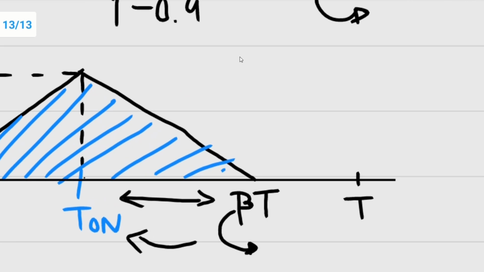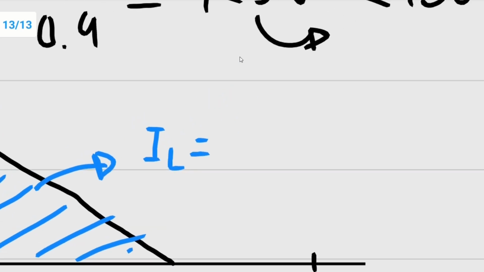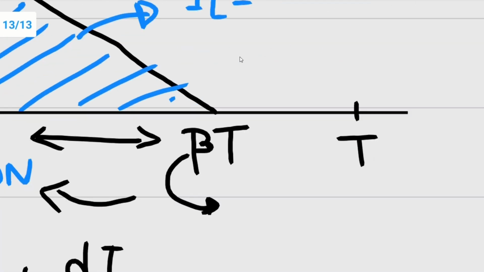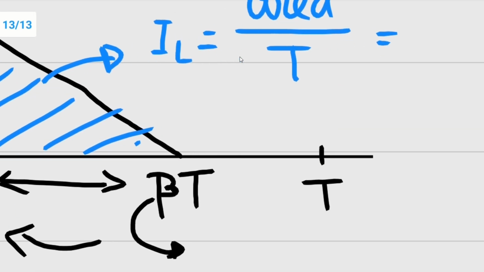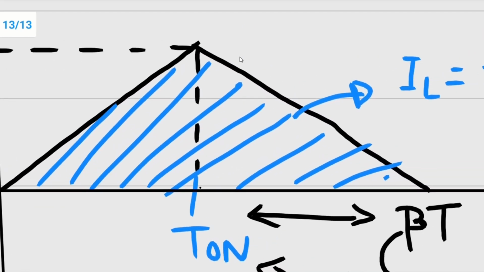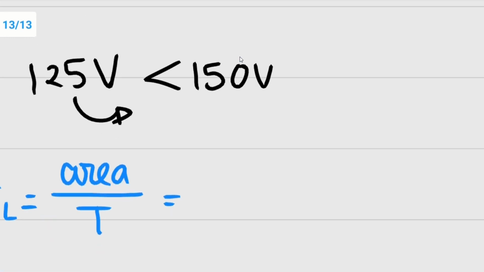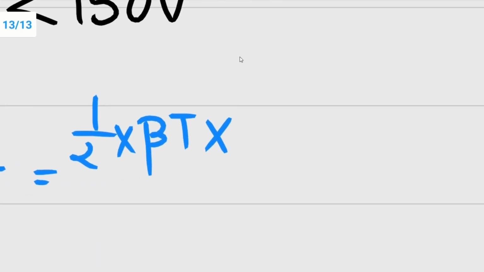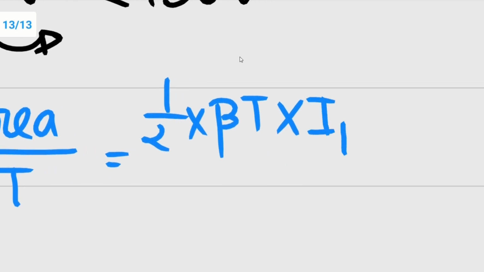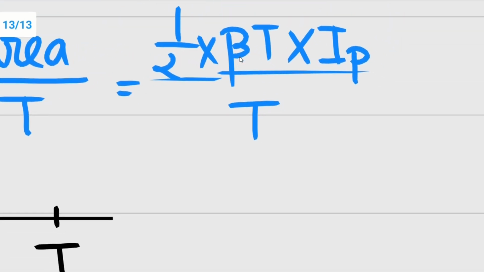That means the average inductor current will be the area under this curve divided by the total period, which is T. The area of this curve will be half into Ip into the time period, which is beta T. So it is half beta T into the peak current Ip, divided by T. From this beta we know it is 0.6, and T will cancel out like this.